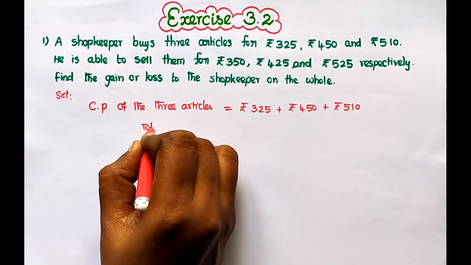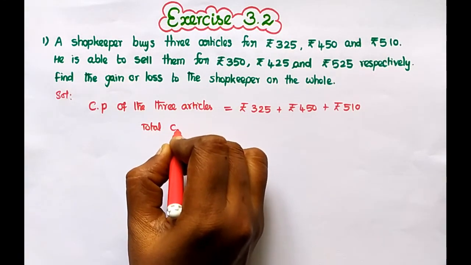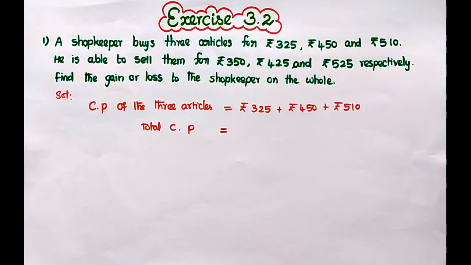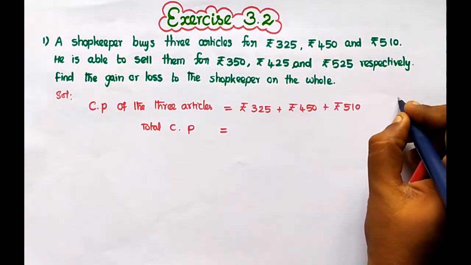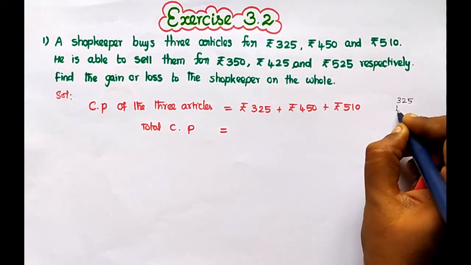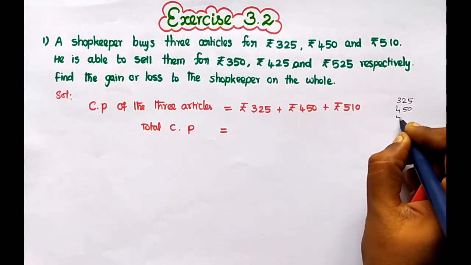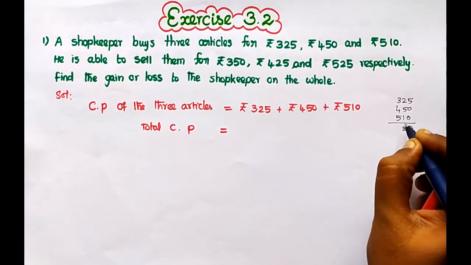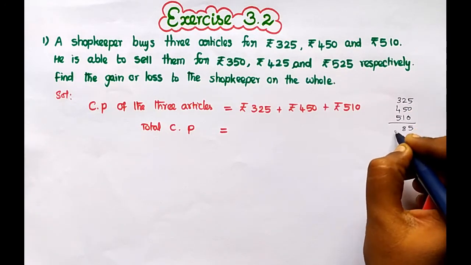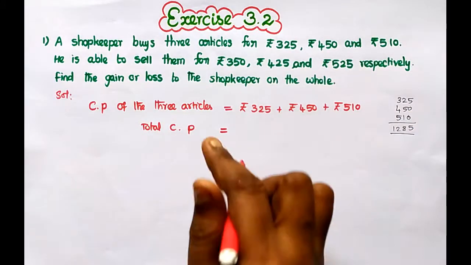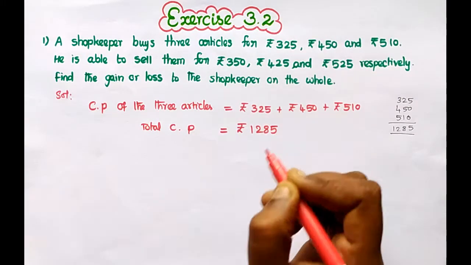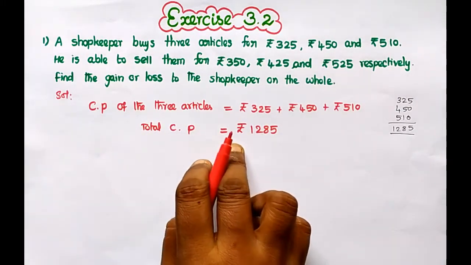So the total cost price, how much? Add this amount: 325, 450, 510. 5, 8, 7 plus 5, 12. So rupees 1285, that is the total cost price.